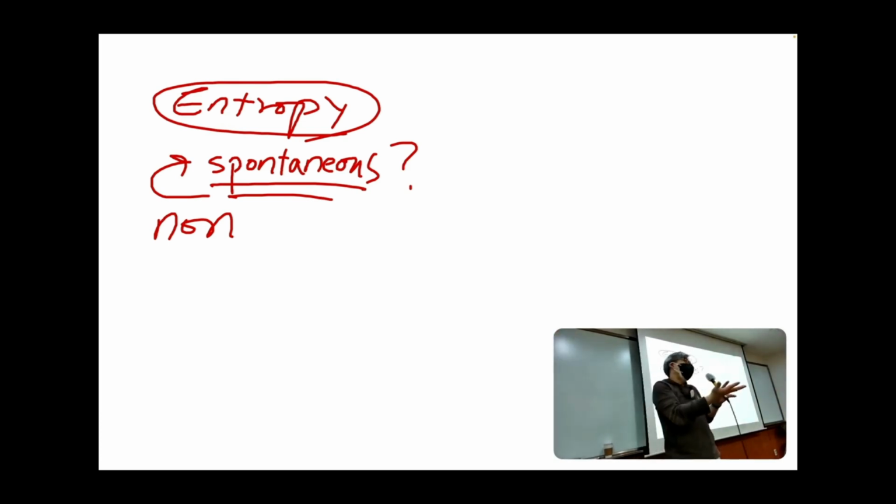So is it a spontaneous reaction or not? Still not sure? If you make things more disordered, is it spontaneous or not? Spontaneous, yes. Why? Because now you increase the entropy of the system.